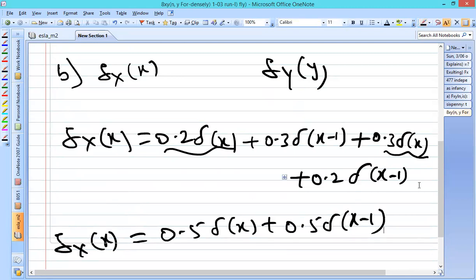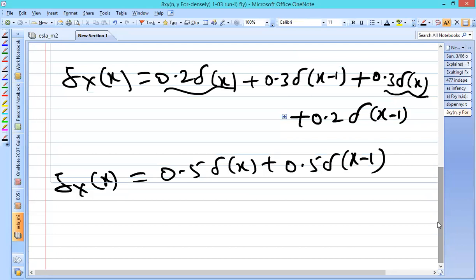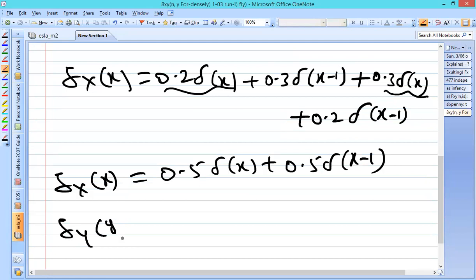And similarly, can you write the equation for fy of y? Waiting for your answers.